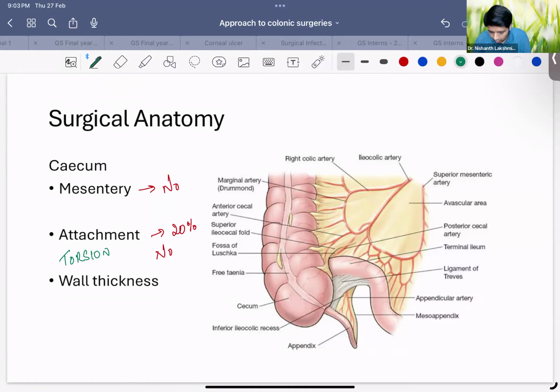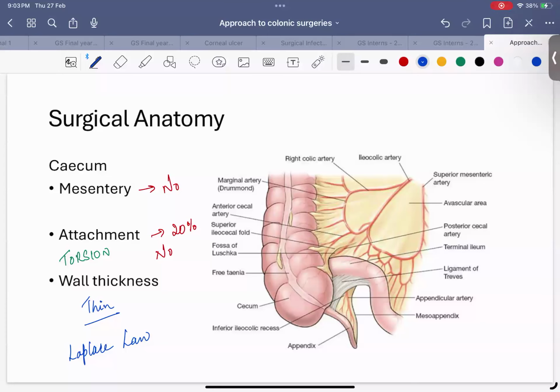All right. Now, moving on to wall thickness, we know that cecum has a very thin wall. Can someone tell me what is Laplace's law? So, second years, who are second years? Ainas, can you tell me what is Laplace law? Okay, if Ainas is not there, Samir.